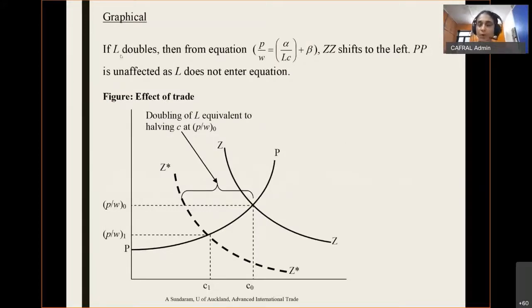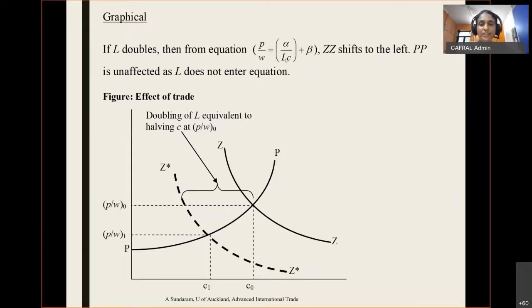The only thing I'm changing with international trade is that we're doubling L. L becomes 2L. If L becomes 2L, nothing happens to the PP condition, because if you remember the PP condition from the previous slide, L doesn't really factor into it. So it's not going to change the PP, but it does change the ZZ condition, because note that L is in the denominator in the ZZ condition.